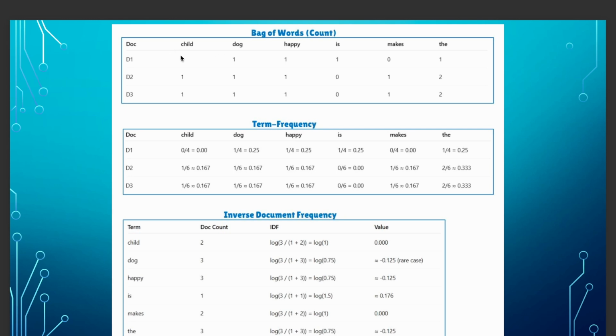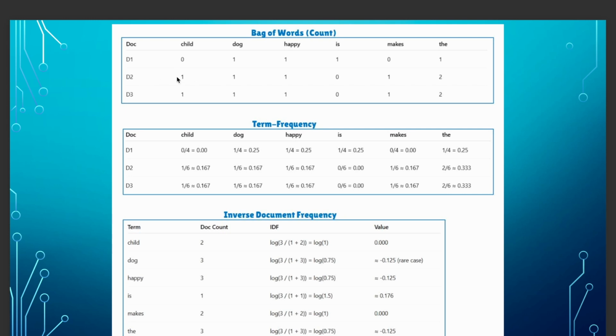What is the sum of the vector d1? The sum is 4, for d2 it's 6, and similarly for d3 it's 6. So in d1, we divide each element in the BoW by 4. So 0 divided by 4, 1 divided by 4, and so on. We take the sum of d1 and divide each element in d1 by the sum.